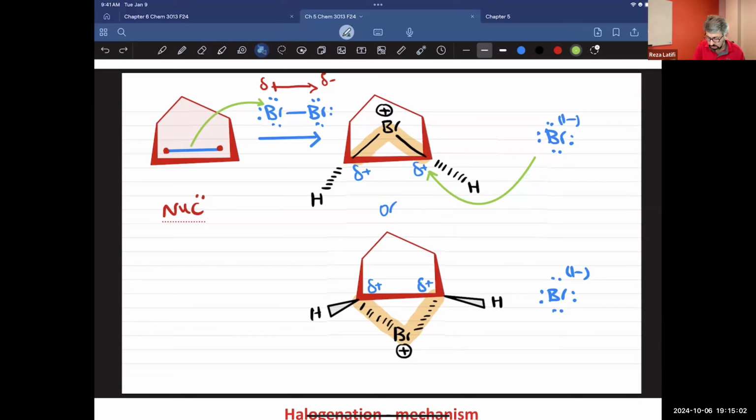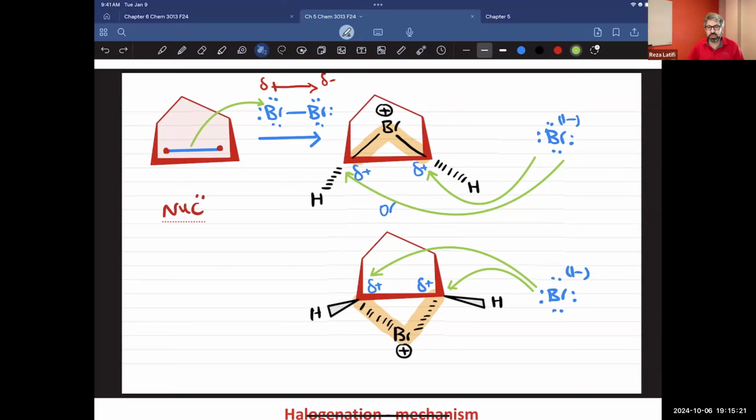And how about this one? In this case, it will reach it from the top. Again, we can attack both carbons. It doesn't matter which carbon you go after, so I can draw this one also that way.